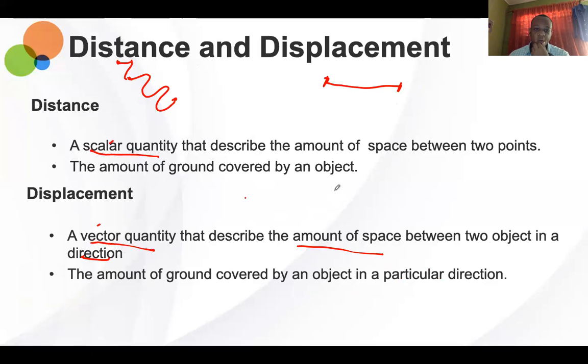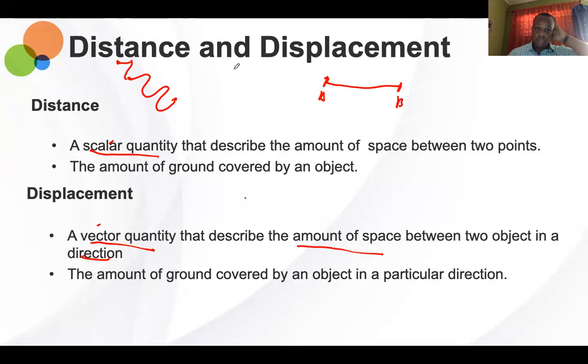All right, so we now move on to different types of scalar and vector quantities. The main scalar quantity we started with was distance, and we said that it describes the amount of space between two objects. Like right here, we have object A and object B. Distance is the amount of space between these two points, or the amount of ground covered by an object when traveling.